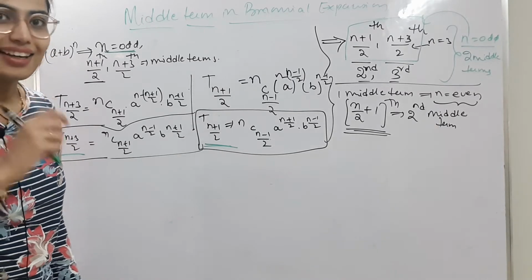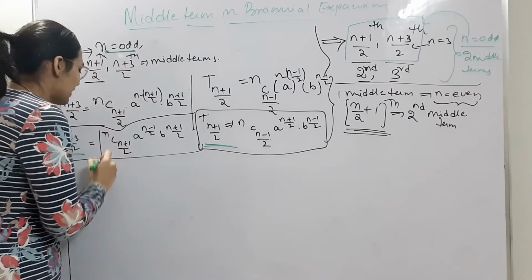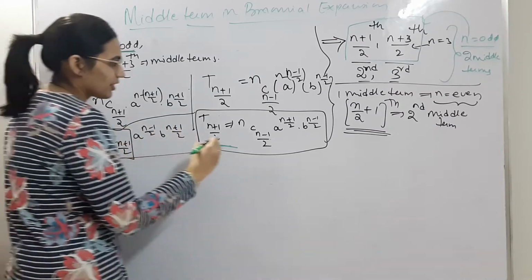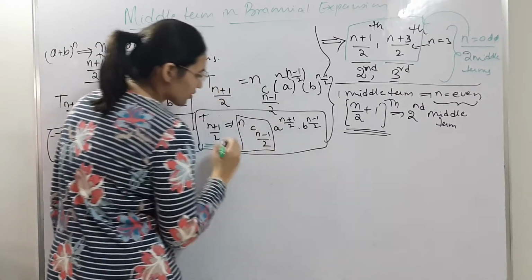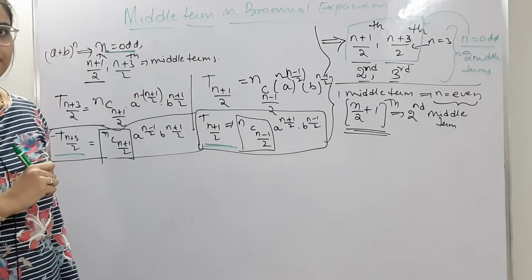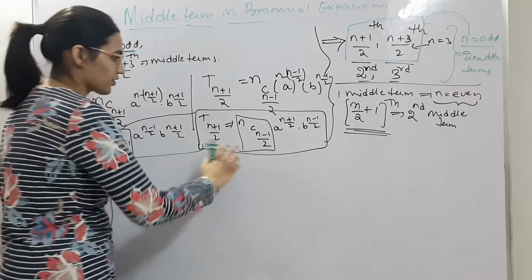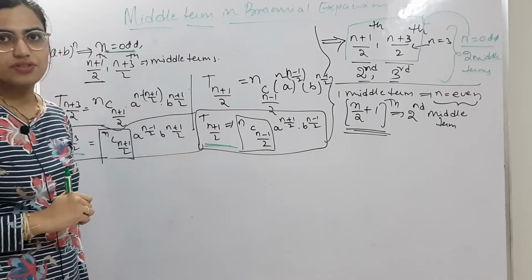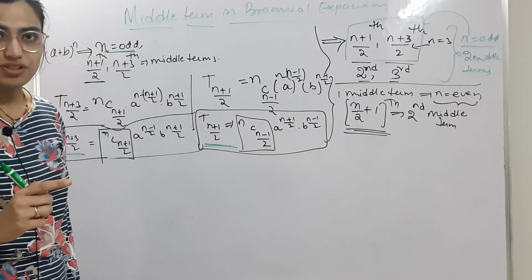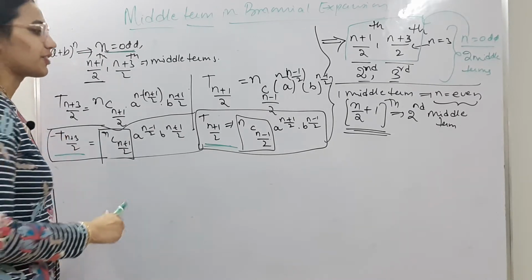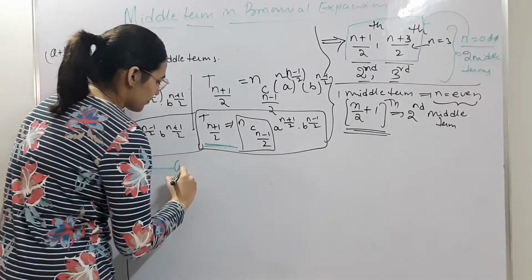Okay, again, there is another theory behind this. You observe these coefficients. An observation here is that these are the middle coefficients. Middle coefficients are the greatest coefficients.